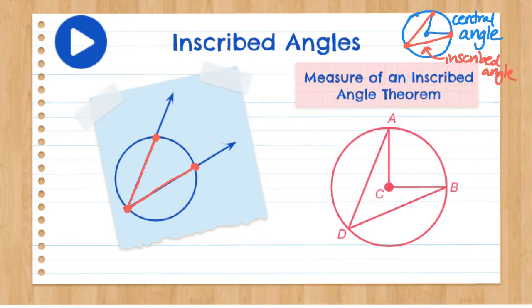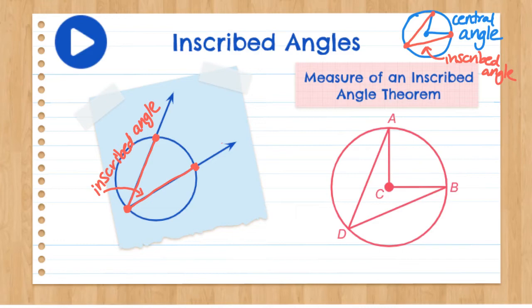So we would call this right here the inscribed angle. Now the inscribed angle creates an arc on the circle, and it's the arc that lies in the interior of the inscribed angle, or inside the inscribed angle.